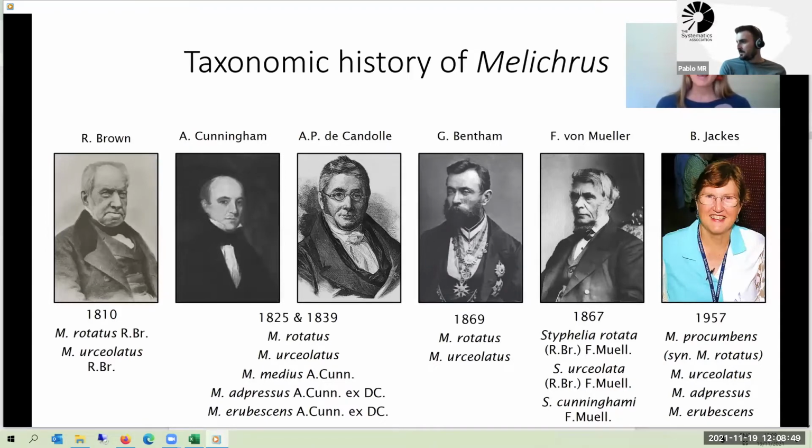But she had very limited access to type material. Consequently, the revision makes some nomenclatural mistakes. She also noted in her revision that the species as she saw them were generally morphologically variable across their ranges. It has been a key task of my PhD to rectify these nomenclatural mistakes and to test this morphological variability for taxonomic signal.